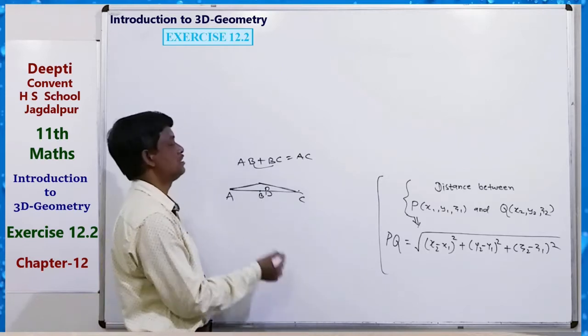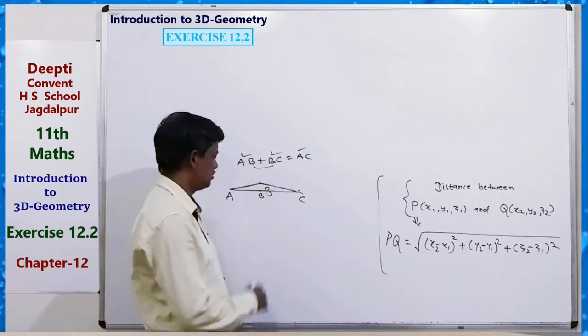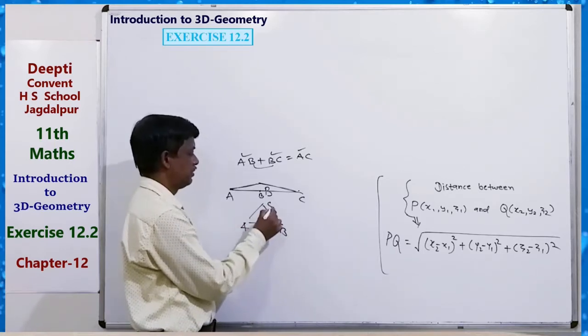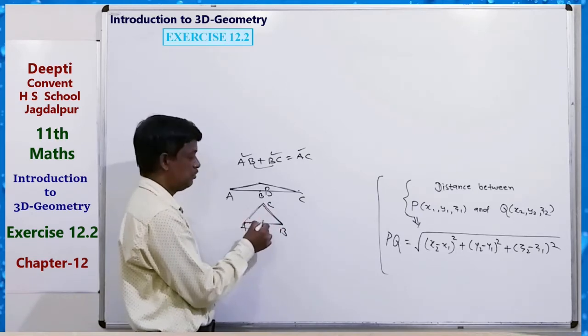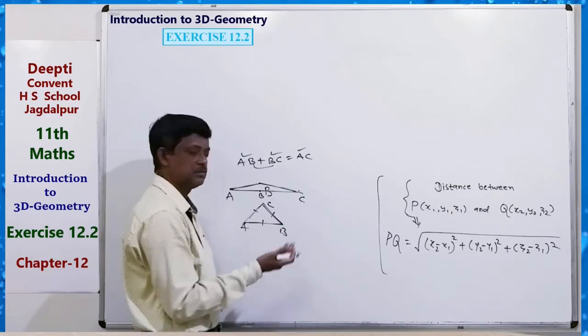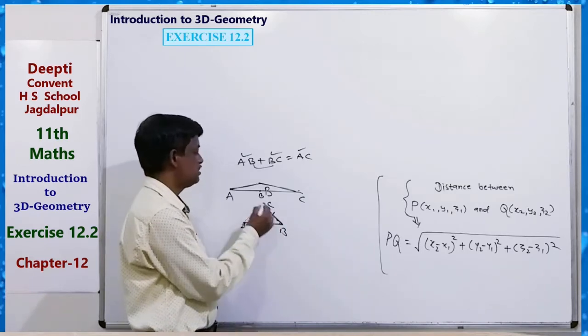That is 3 distances, AB, BC, CA. Just find the distances; if we see it as triangle ABC, find the value of this plus this and this. If the sum of these is equal to this, that means the 3 lines form a triangle having area 0. So AB plus BC equals AC.